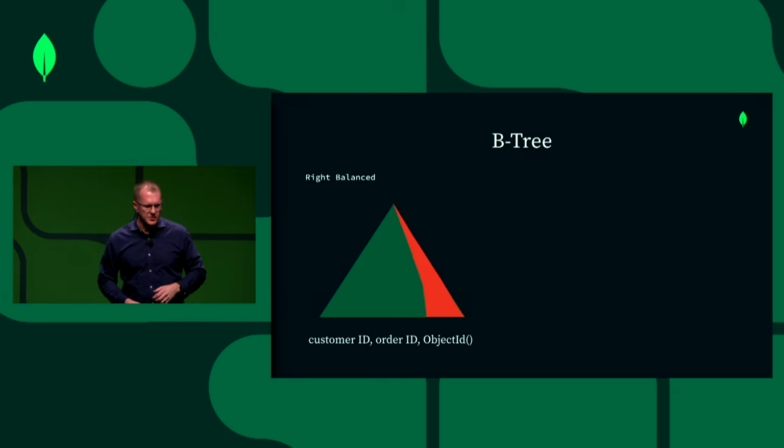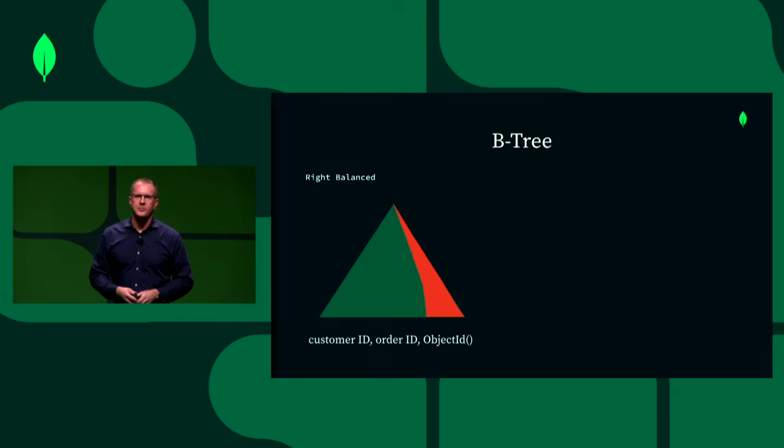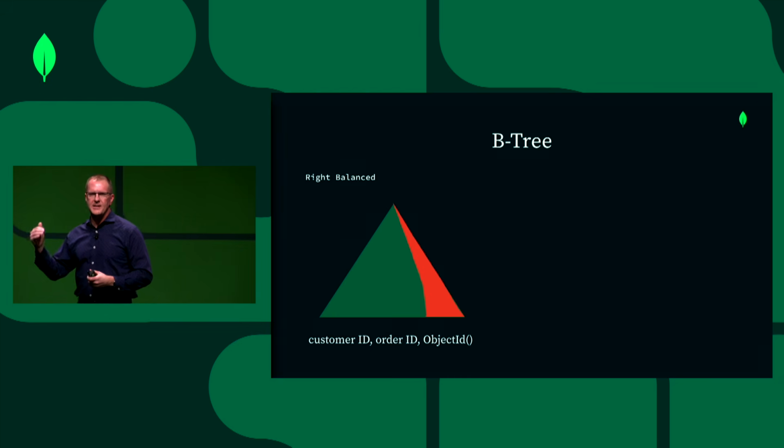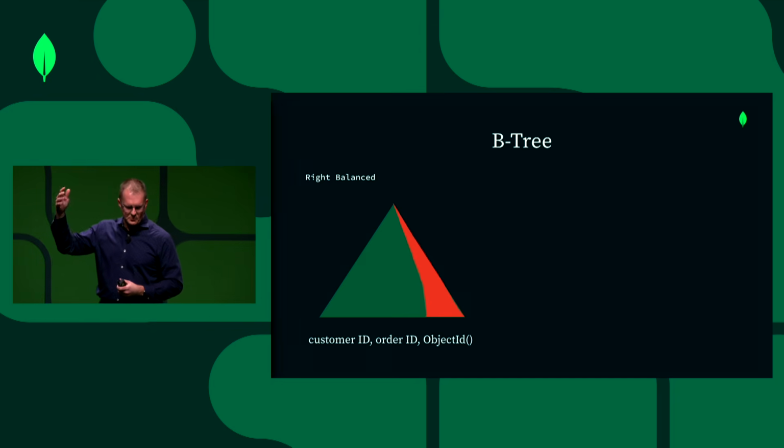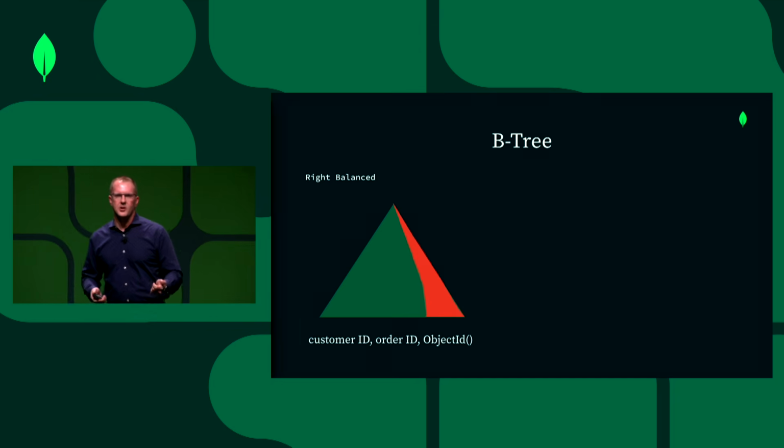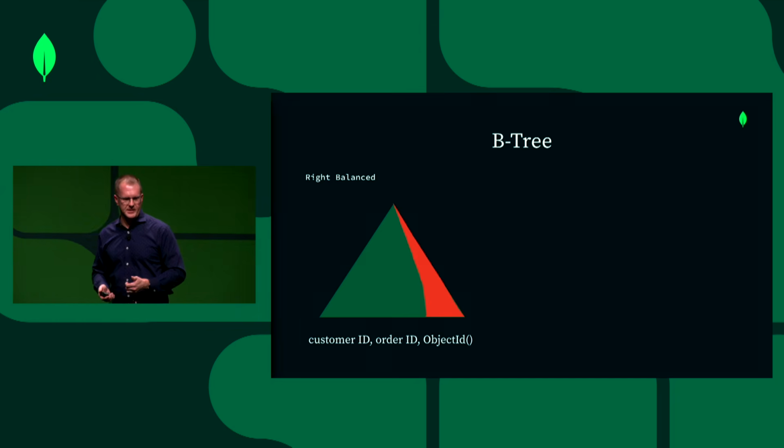If I have active orders, I'm probably creating order IDs that are monotonically increasing.